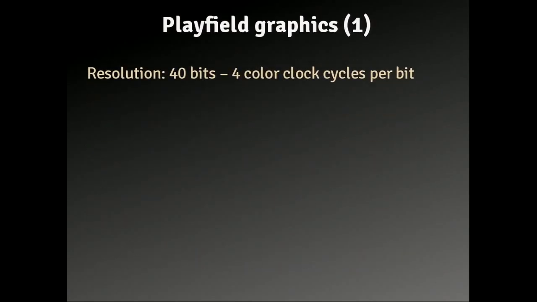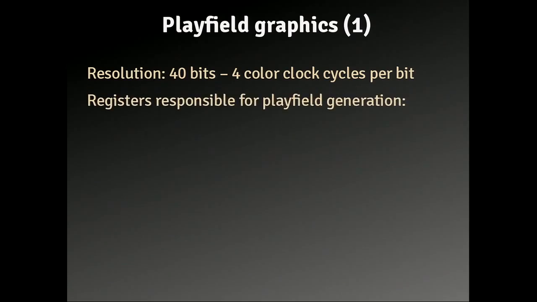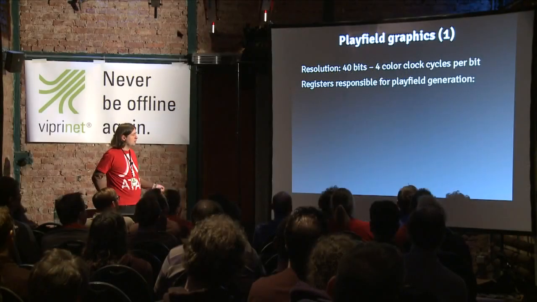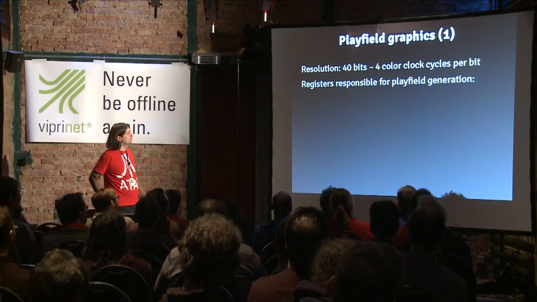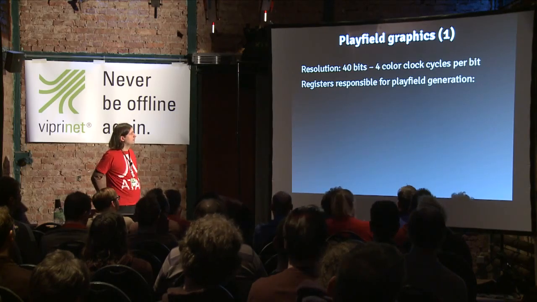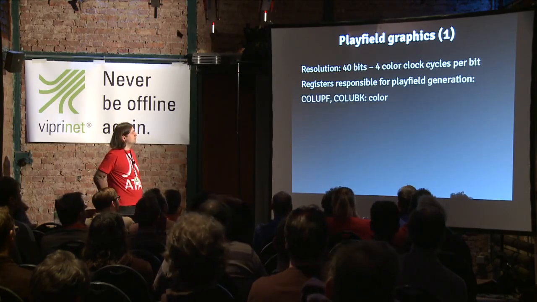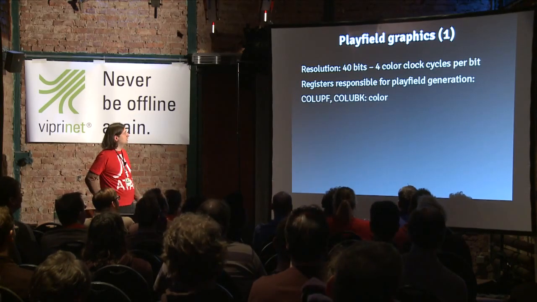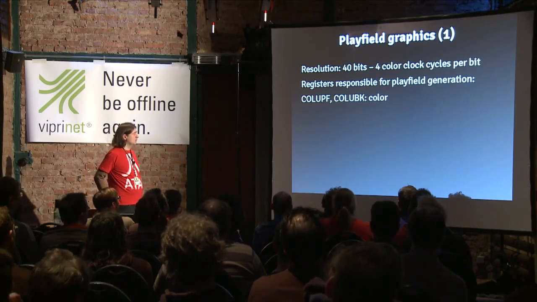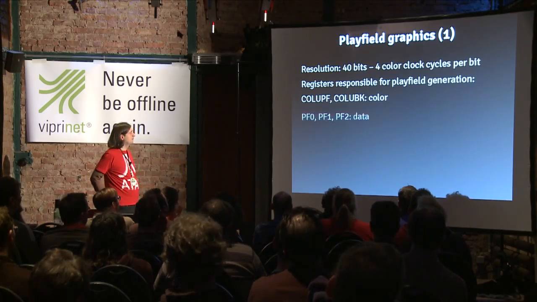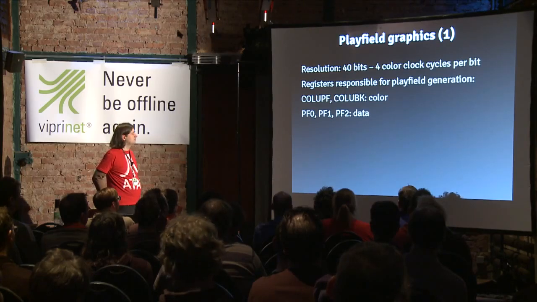Let's start with the most basic part. These are the playfield graphics. The playfield graphics are 4 color clock cycles wide. So if you divide 160 by 4, you see there are 40 bits of information. The registers responsible for the playfield generation are the color registers, color playfield, color background, and the playfield data.